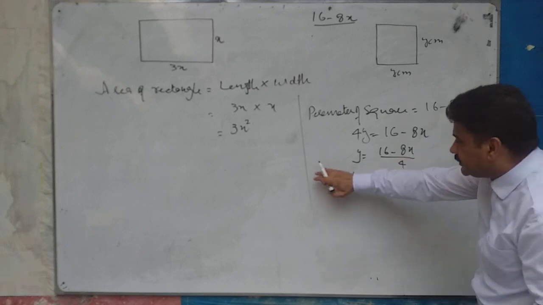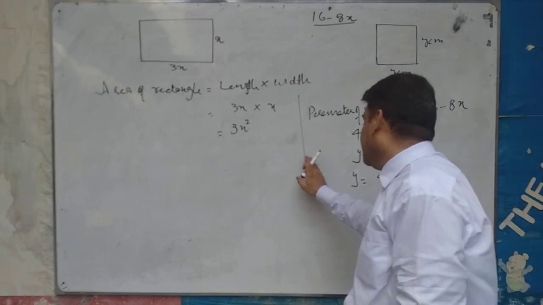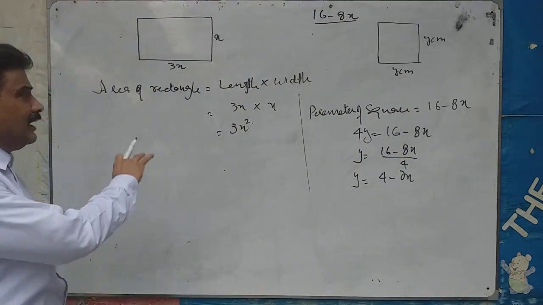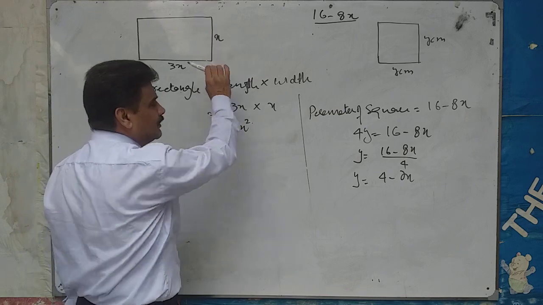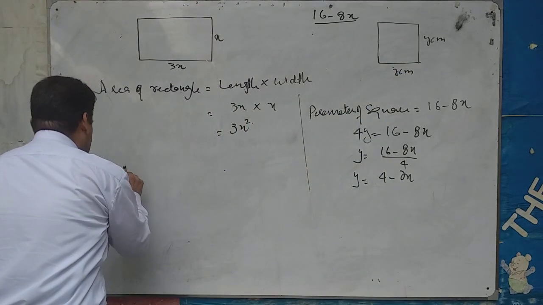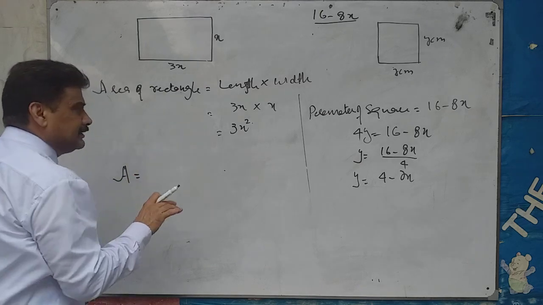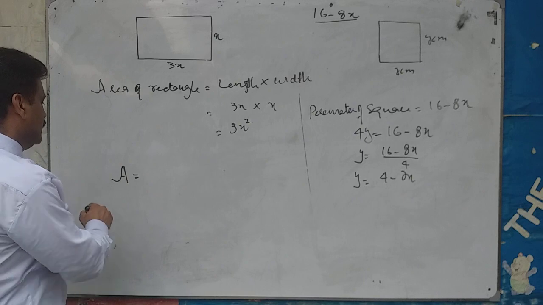We now write the expression for the area of both figures. Let capital A be the area of rectangle plus area of square. Capital A denotes the combined area, which is equal to area of rectangle plus area of square.